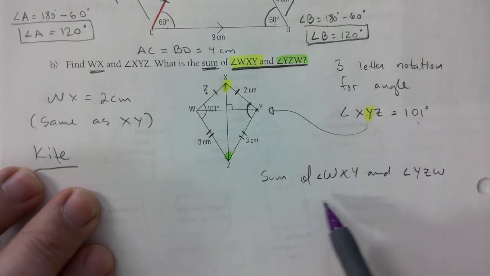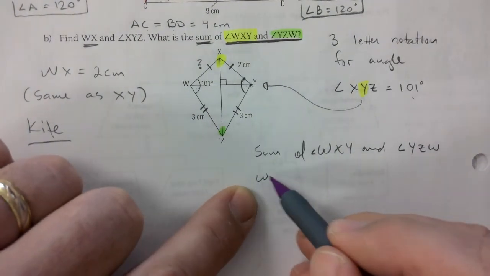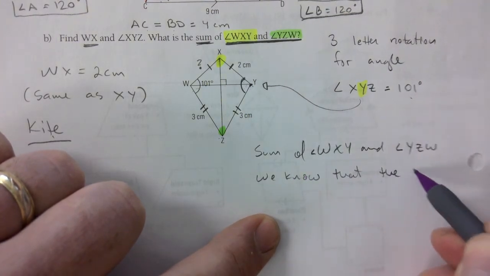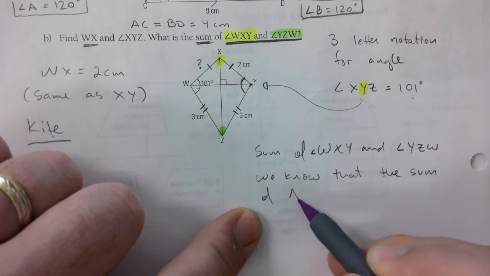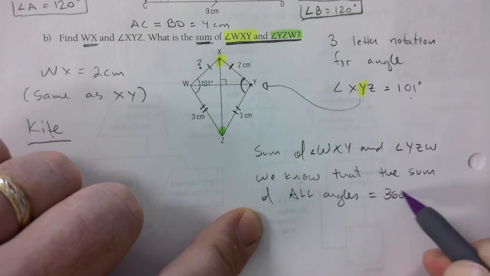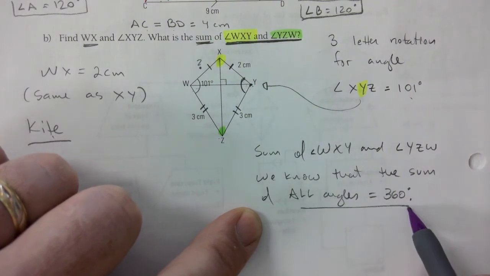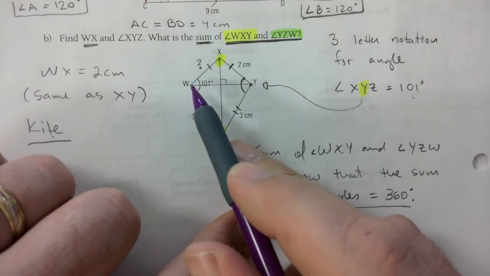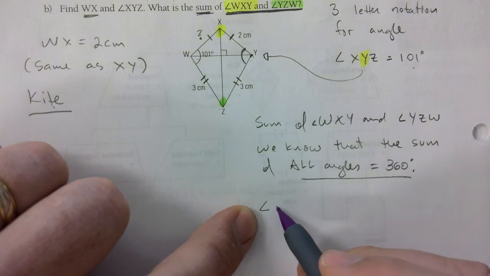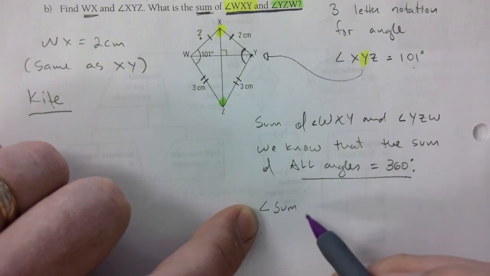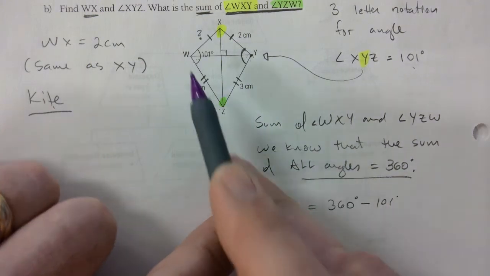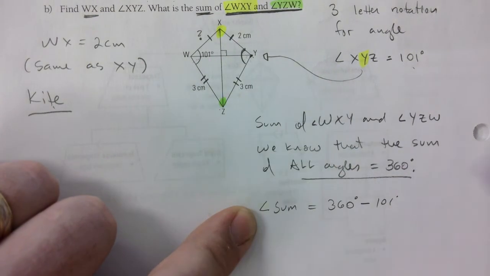Okay, I'm going to write it down again here. We know that the sum of all angles is 360 degrees. Like all four angles added up together would be 360. Therefore, what they want, the sum of the two angles, would be 360 minus 101, which is this one, minus another 101.